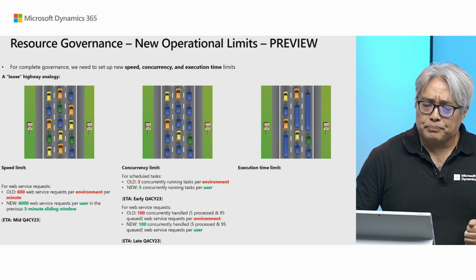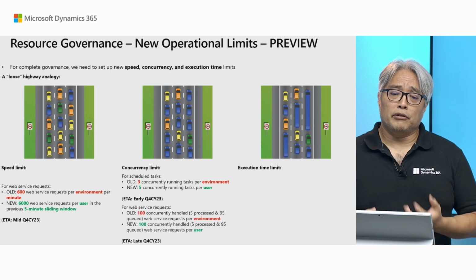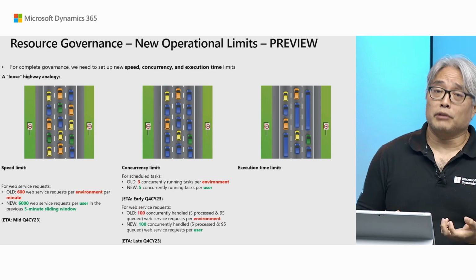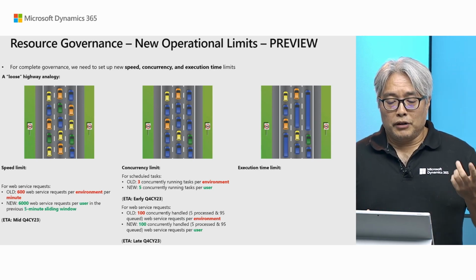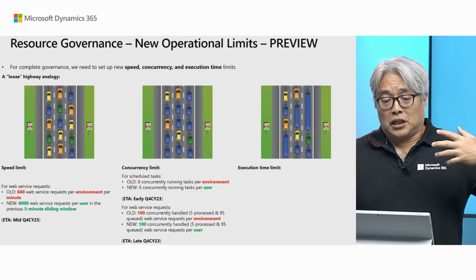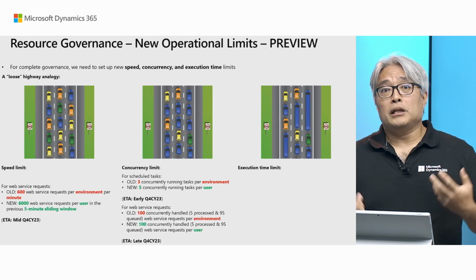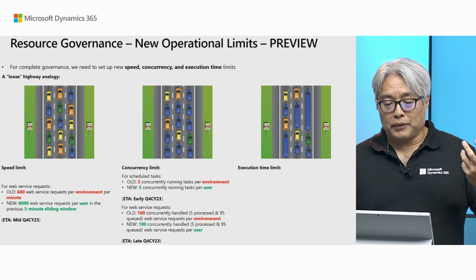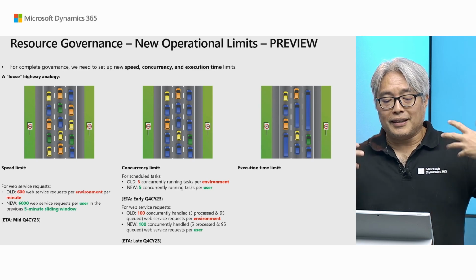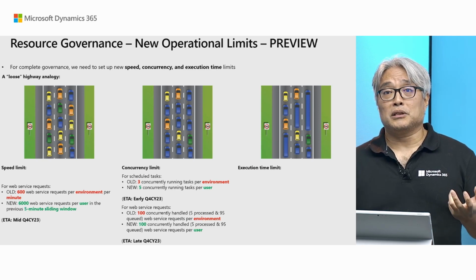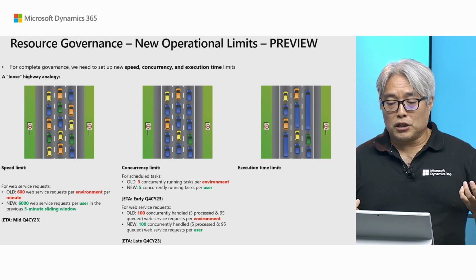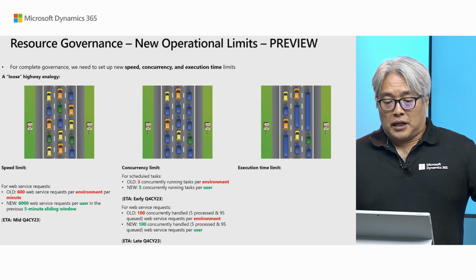And finally, another concurrency limit that we will introduce is also for web service requests. This time, we're not changing the number too much. What we're changing is the denominator of this limit. Before, we were allowing only 100 concurrently handled web service requests, where 5 are processed and 95 queued, per environment.